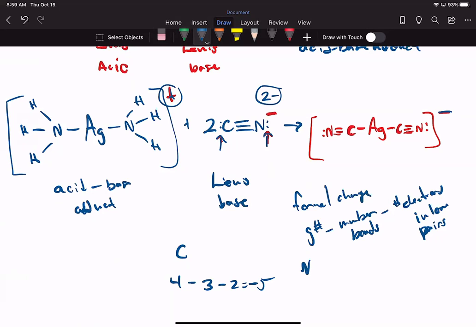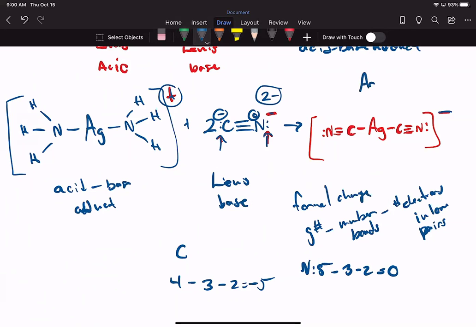Nitrogen is group number 5, minus the number of bonds, 3 bonds, minus 3, minus 2 electrons in the lone pairs. So here, formal charge of 0. So my formal charge on the nitrogen is 0, but I have a negative charge on the carbon.